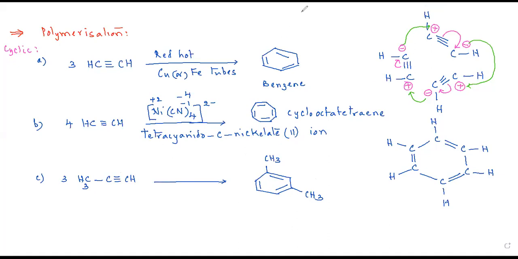You will get mesitylene, 1,3,5-trimethylbenzene, or mesitylene. Okay. So with acetylene on cyclic polymerization, we get benzene as well as cyclooctatetraene, depending on the number of molecules used. And from propyne, we get mesitylene. Okay.